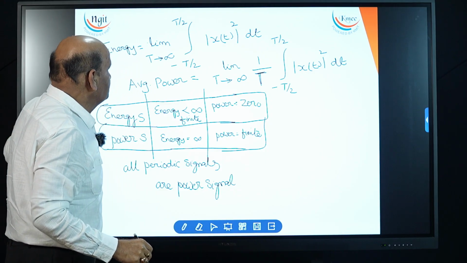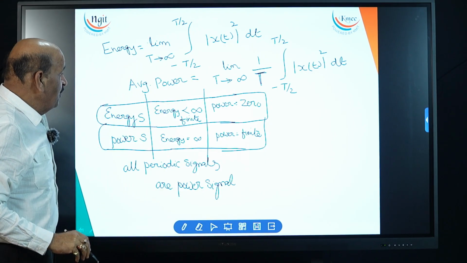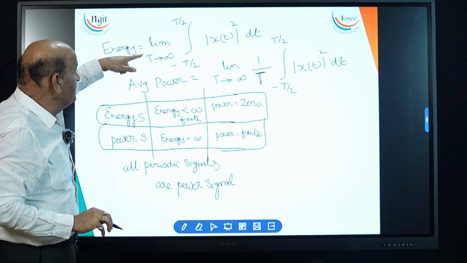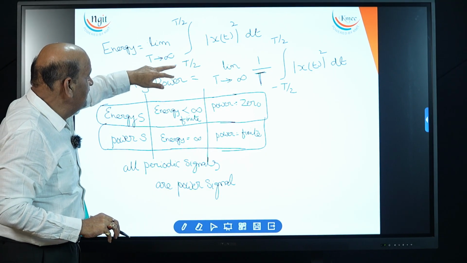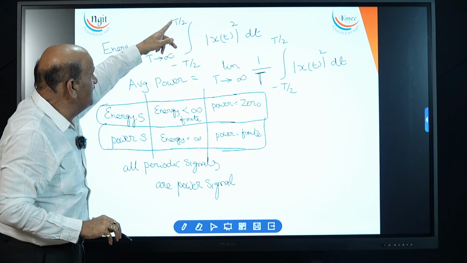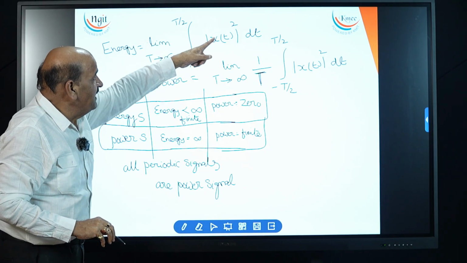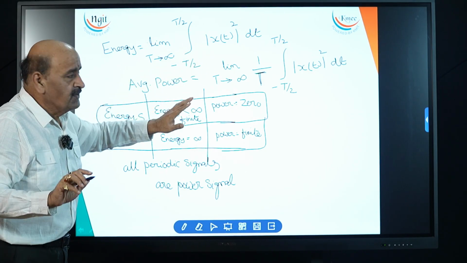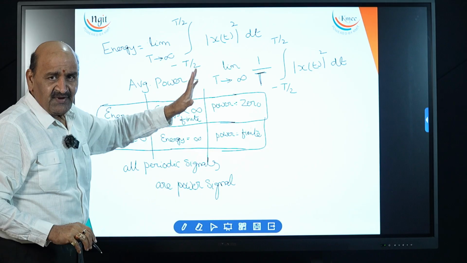This is the average power formula. So no need to have any confusion. First you find the energy, with the formula limit T tends to infinity between minus T by 2 to T by 2, squaring the given signal with respect to t only. This is average power.